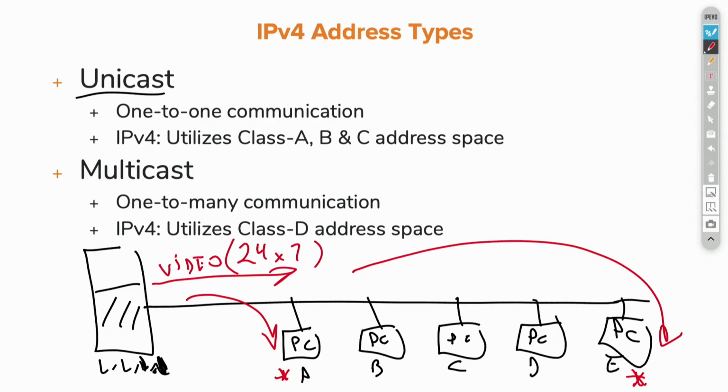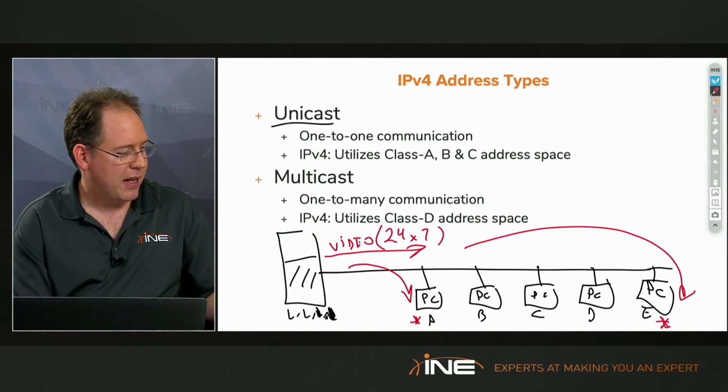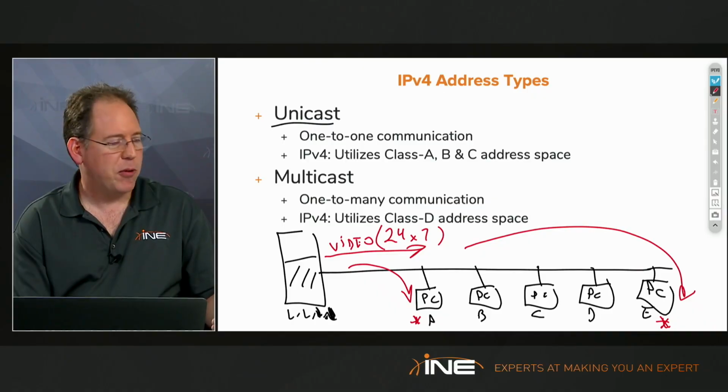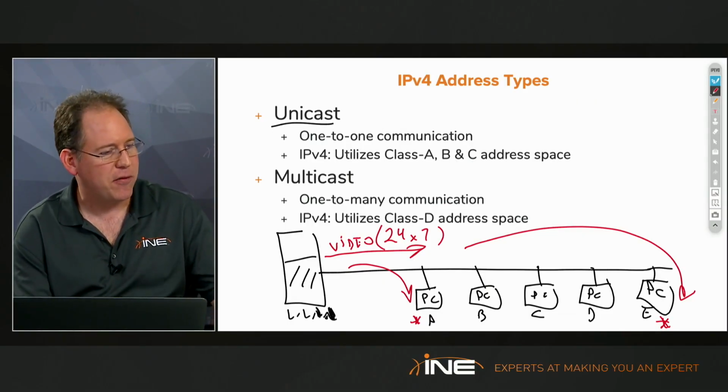Not a big deal until we start having hundreds or thousands of people that want to watch that video. If I've got hundreds of people that want to watch that video feed, this server is going to have a real hard time creating hundreds of copies of these packets going to all these different addresses. That's not going to scale very well.